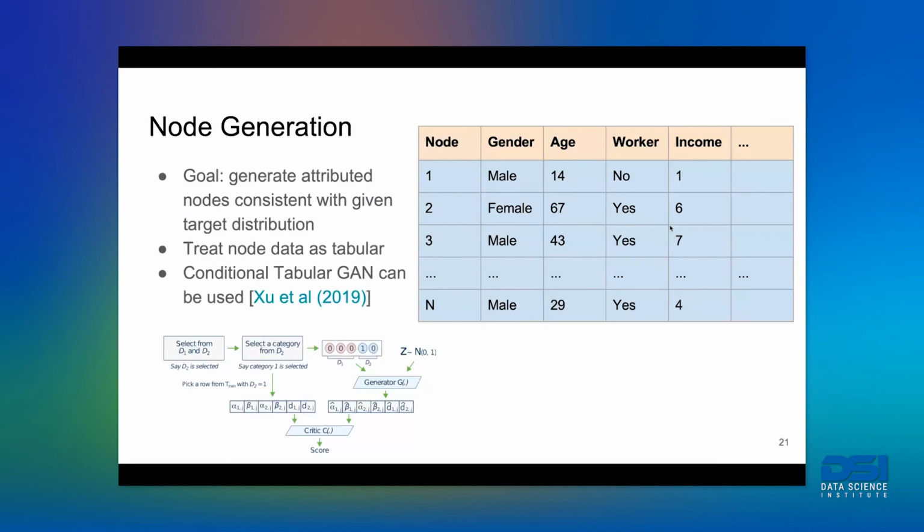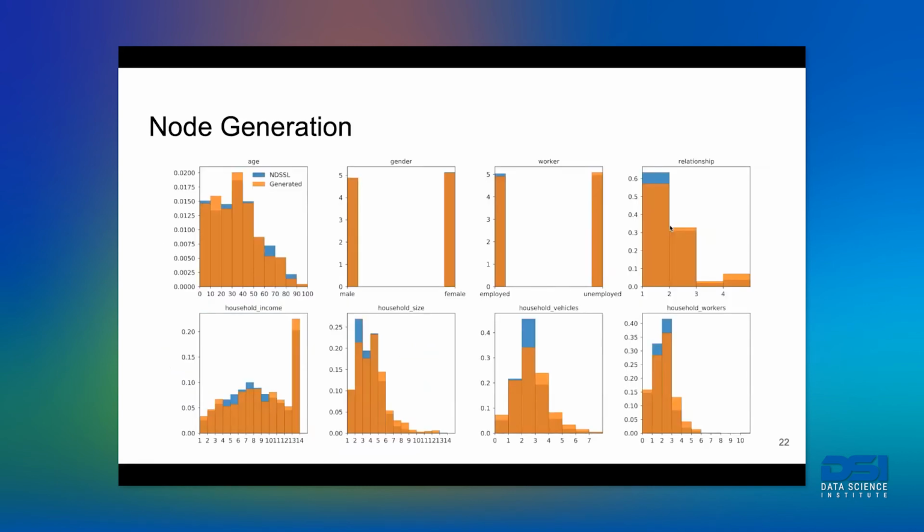People have extended the standard GAN framework to something called conditional tabular GAN. And by the way, if you want the references, they're all at the last slide of this talk. People have extended the standard GAN to solve this type of problem. And without going into detail on how they do this, I just want to show a result to convince you that it's working fairly well. What I'm showing here are histograms for the marginal distributions of different node attributes, like age, for example, gender, and worker, which means whether or not they are employed, yes or no. And there's a whole host of these.